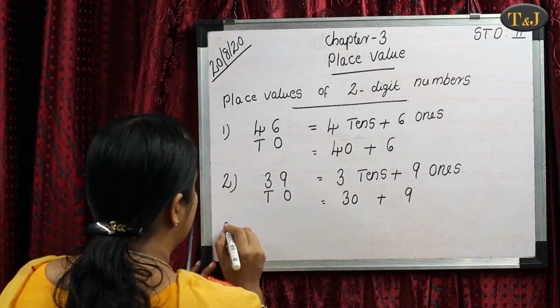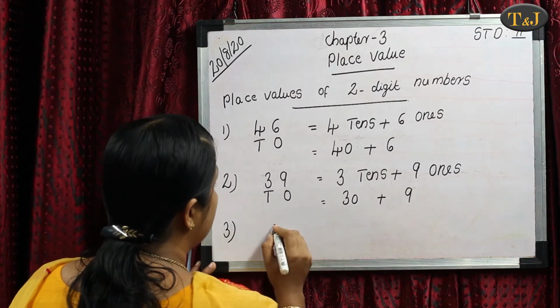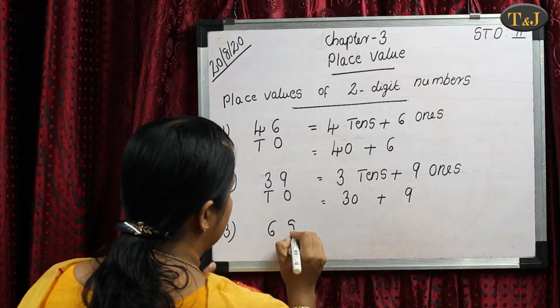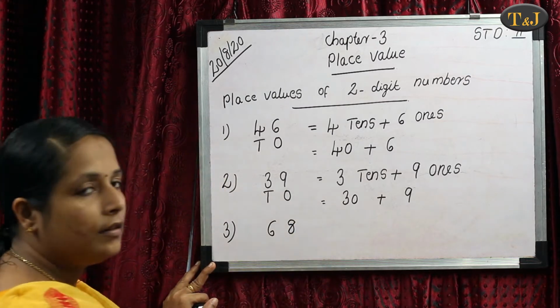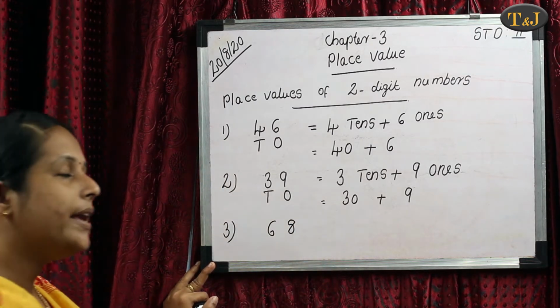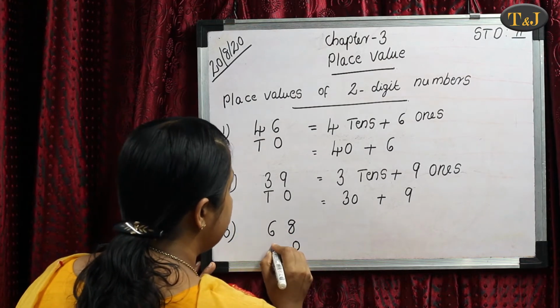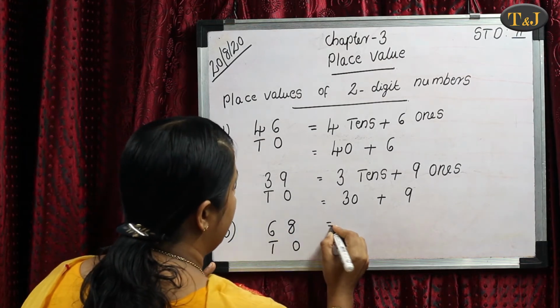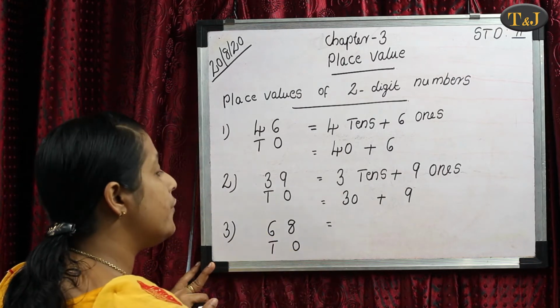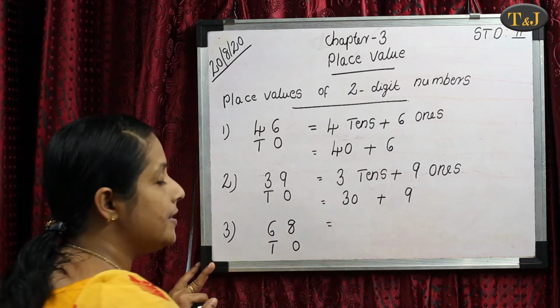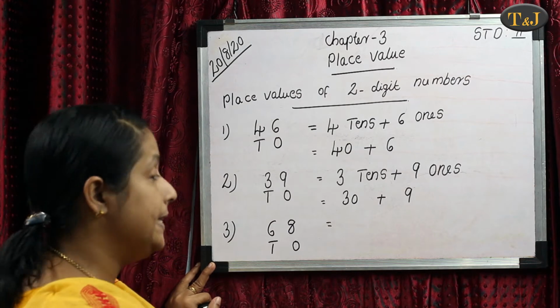Then one more example. Consider the number 68. First we write the places of these digits. The places are ones, tens. Next we write the first value. Here the first value is 6. 6 is in which place? 6 is in tens place.